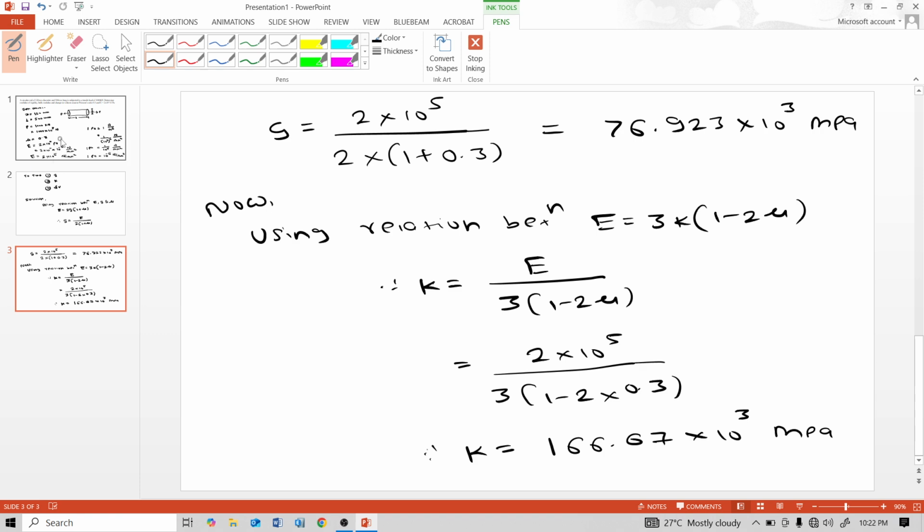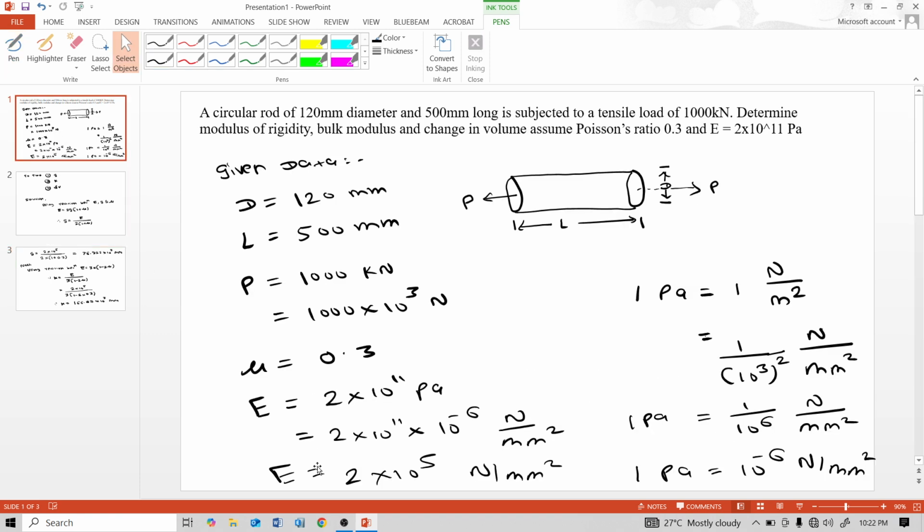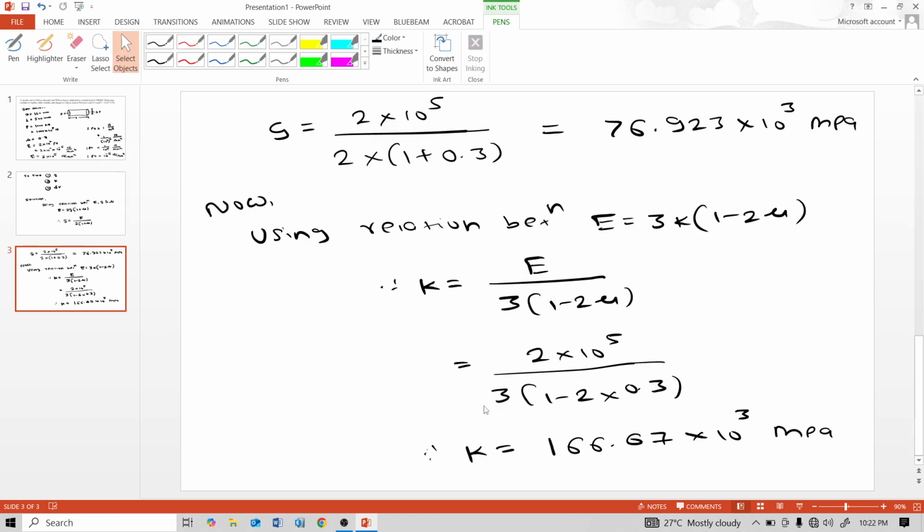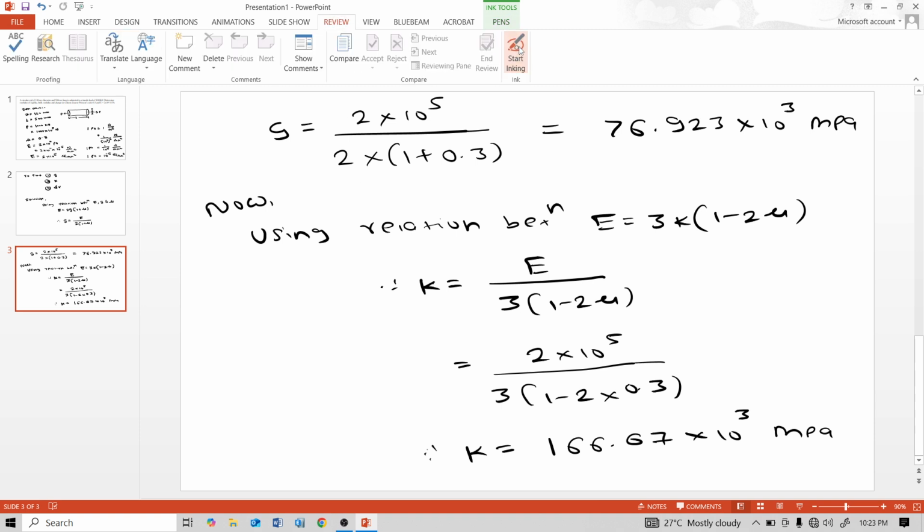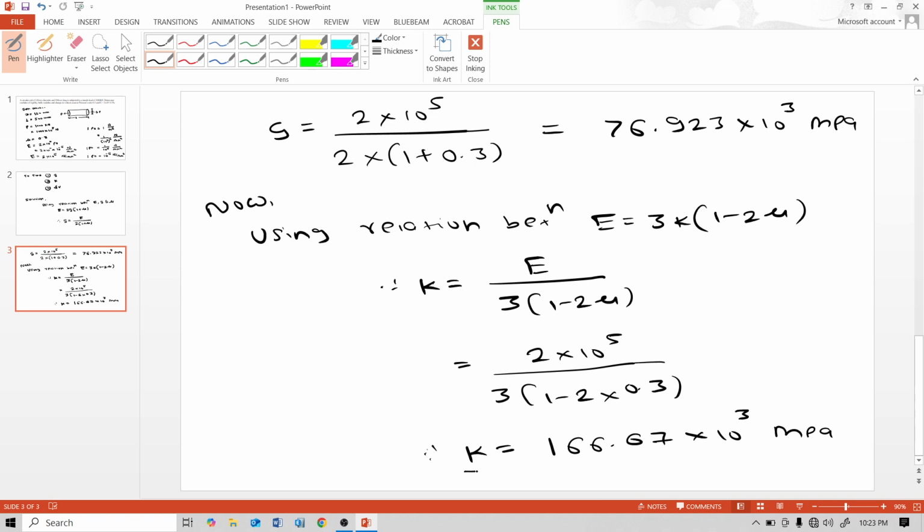That means the greatest value is Young's modulus, after that bulk modulus, and after that shear modulus, which is the lesser value. Between K and E, E is the bigger value. Okay, bulk modulus is volumetric stress to volumetric strain. Shear modulus is shear stress to shear strain, and the unit is MPa.